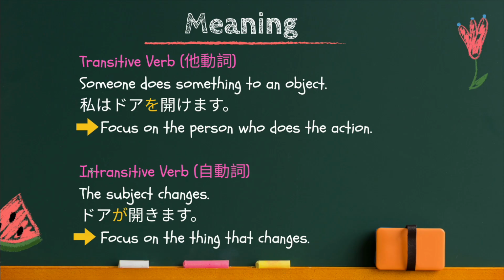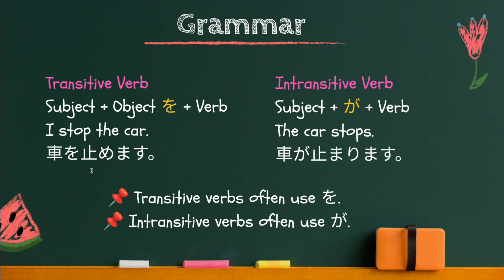So now let's look at the grammar pattern. When you use the transitive verb, the grammar pattern is like this. Subject, object, を, then lastly the verb. Another example. I stop the car is this. 車を止めます.